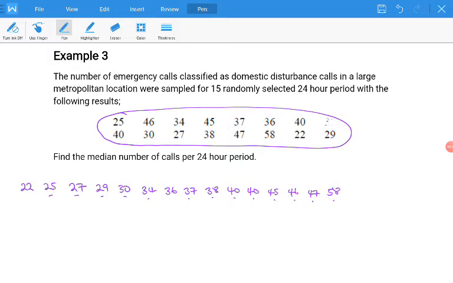So 1, 2, 3, 4, 5, 6, 7, 8. So this is the central score. If I check on the left hand side, I have 7 observations, and on the right hand side, I have 7 observations. So the median is equal to 37.